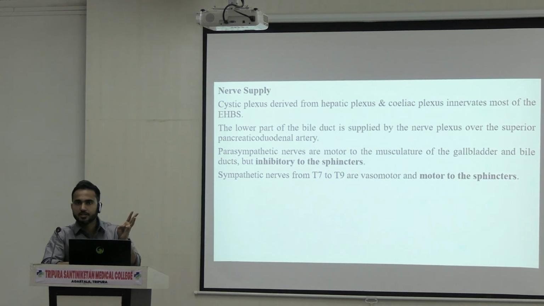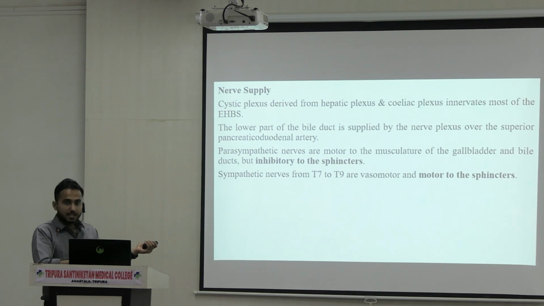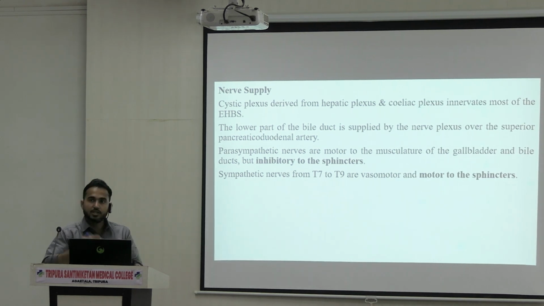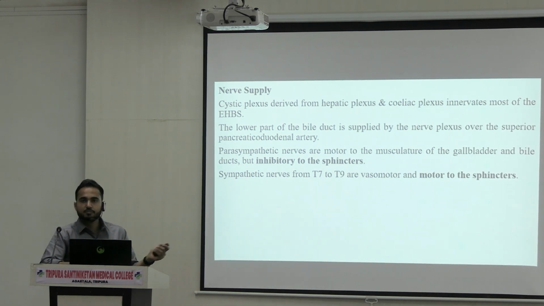Three sets of sphincters are there. Inhibitory to the sphincters means they will keep the sphincters closed. Next, the sympathetic nerves come from the T7 to T9 segments. They are vasomotor, that means they will increase the blood supply, and along with that, they are motor to the sphincters. That means they will help in opening of the sphincters. That is the concept of the nerve supply in the extrahepatic biliary system.